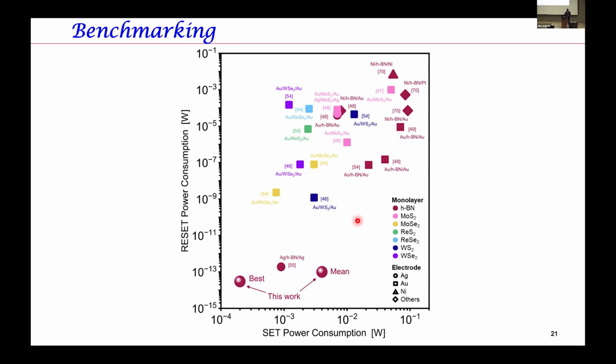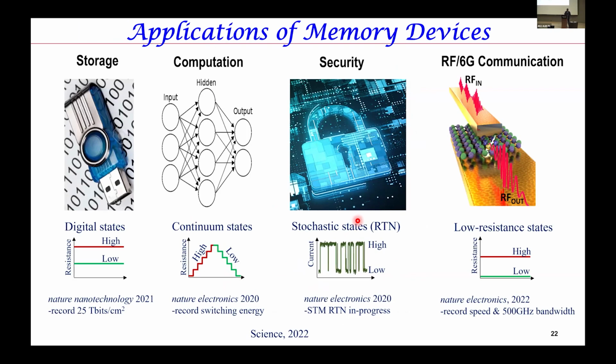So a lot of opportunity there for low power neuromorphic computing, especially for AI. There are many applications of these memory devices which I won't talk about. Of course, everybody knows that you use memory for storage. So those are just digital states, one resistance that is high, the other is low. Those are your storage primitives.